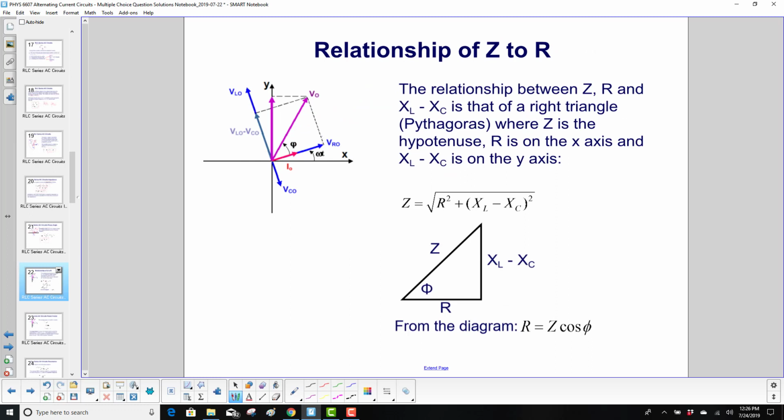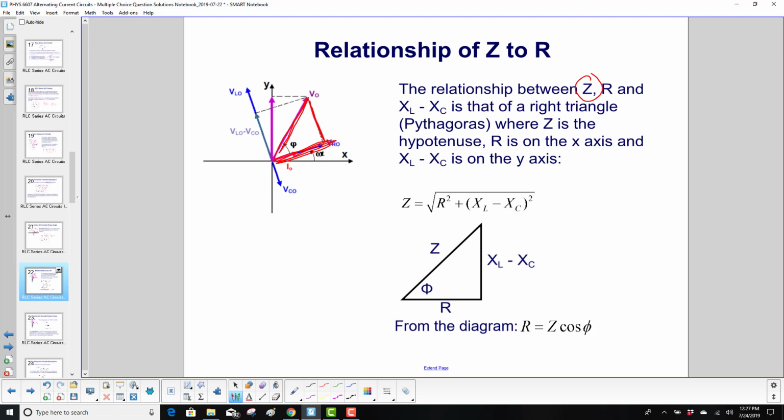The relationship between the impedance Z, R, and XL minus XC is that of a right triangle. Because here was our resistance, the voltage across the resistance. Here's the total voltage, and here's the voltage which is the difference between VL and VC. That's a right triangle.